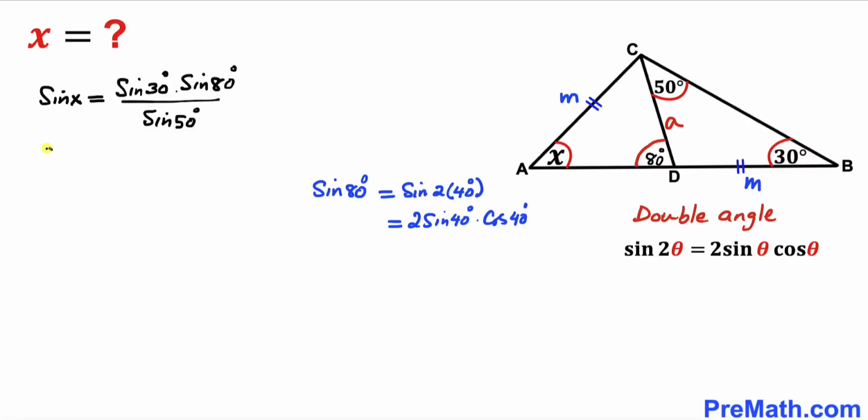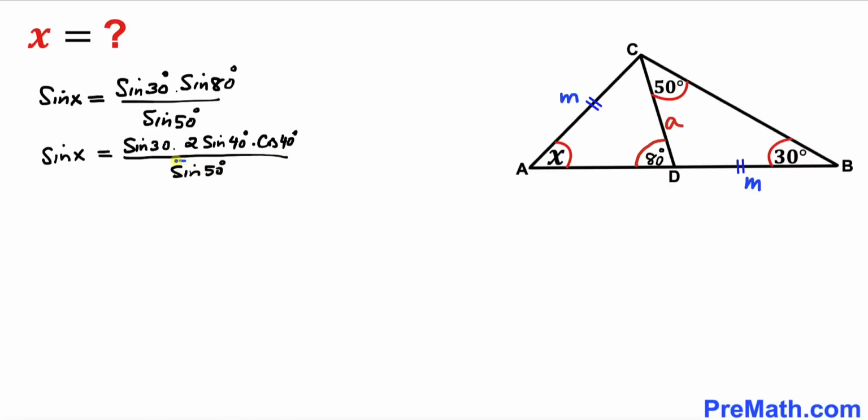So therefore this equation is going to become sine of x equal to sine of 30 degrees times 2 times sine of 40 degrees times cosine of 40 degrees all over sine of 50 degrees.